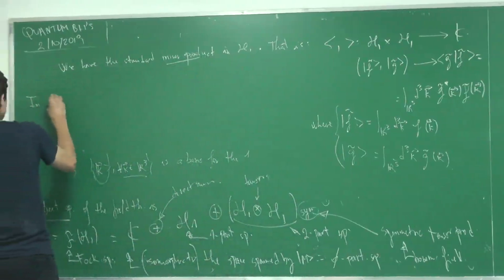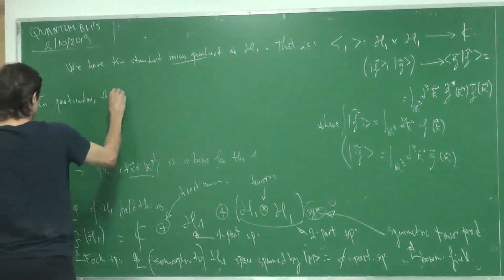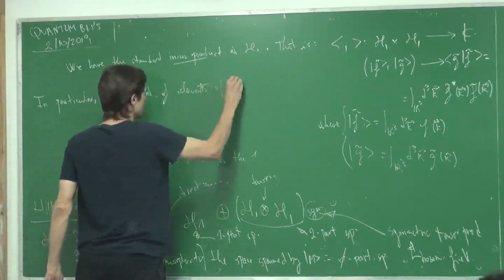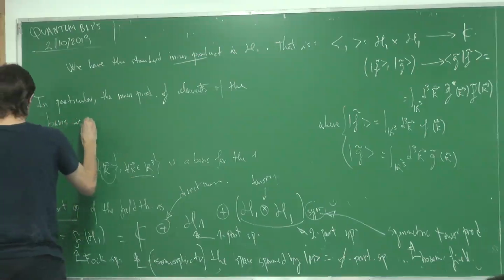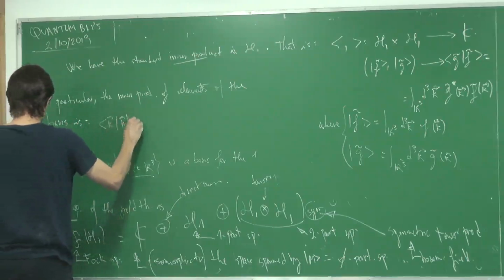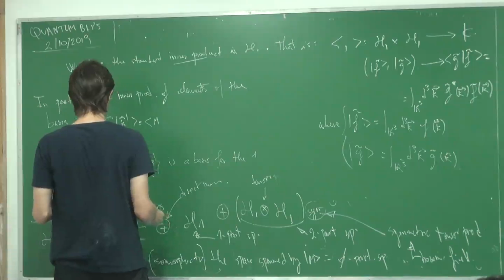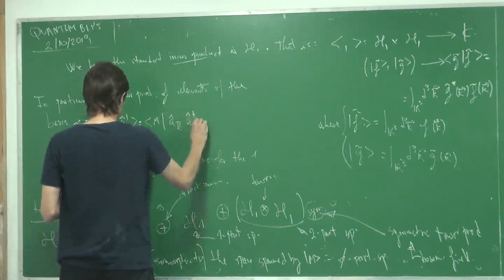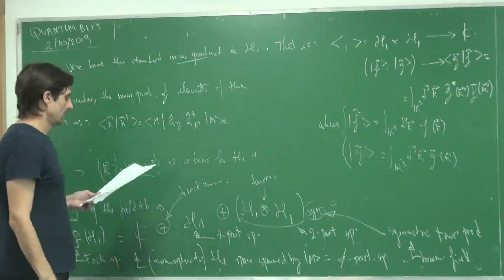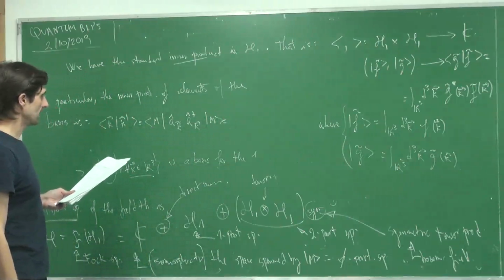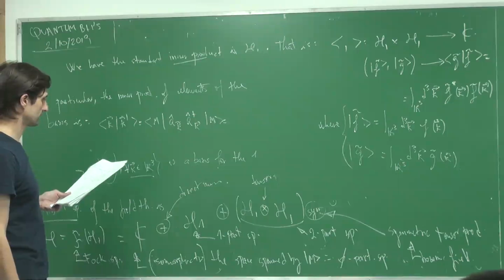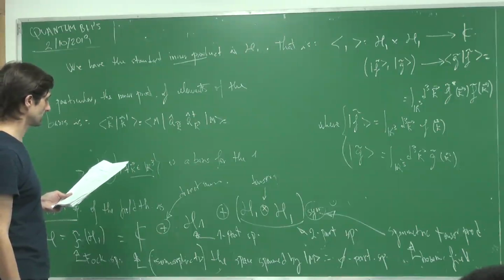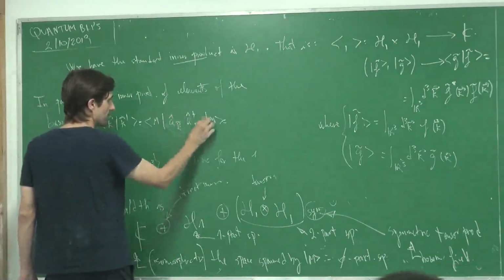And so you apply this to the elements of the basis. So in particular, the inner product of elements of the basis. You just apply the commutation relation now.